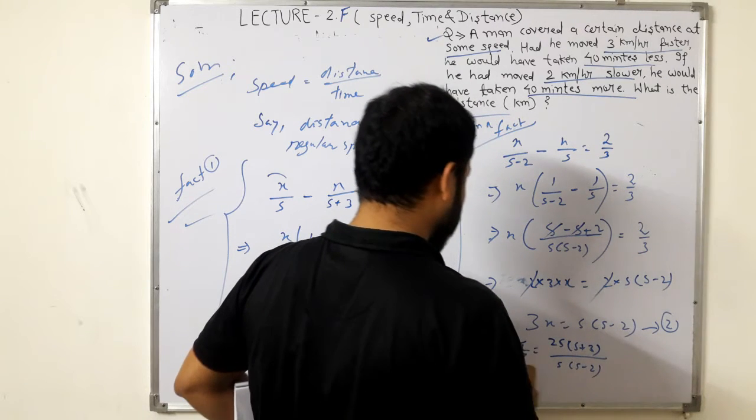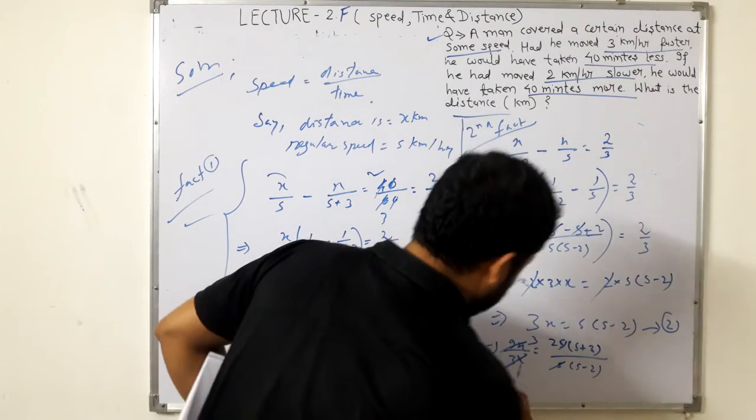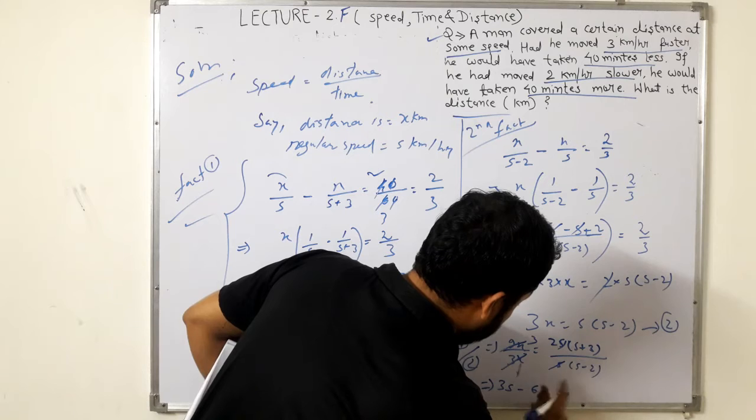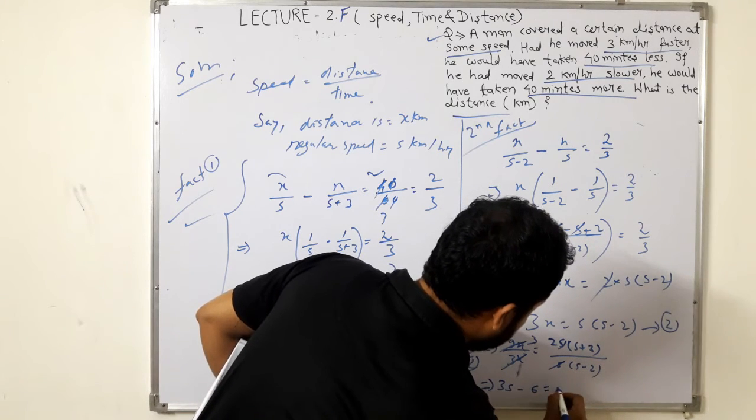So this 3 goes on, this is 3, so thrice s minus 6.